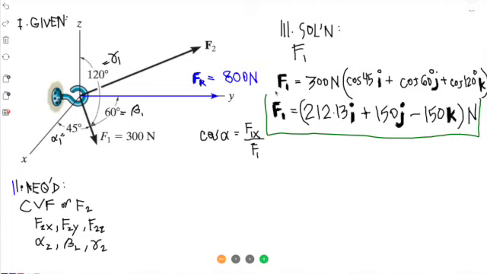Again, we solve for this to find the components of F2 by writing an equation, by vector addition of forces.